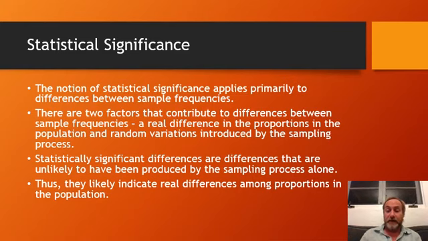So if I notice a difference in the sample frequencies between, say, being red and large and being non-red and large, to say that difference is statistically significant is to say, I think this is because there's a difference in the population, and it's not just the random variation you get from the sampling.